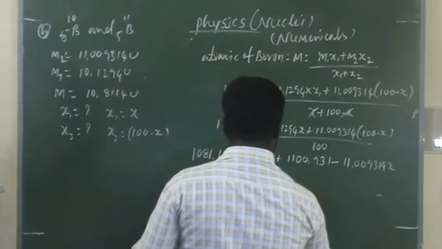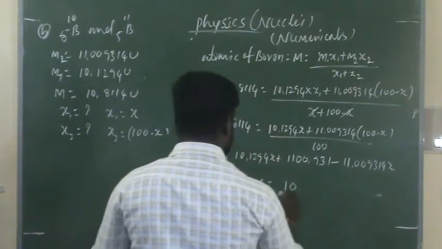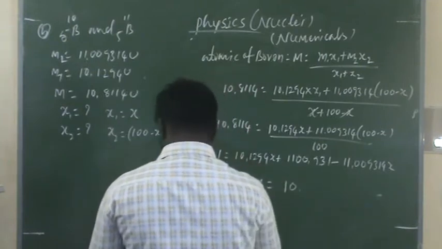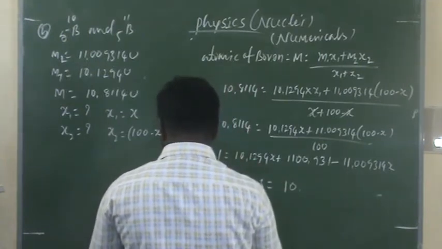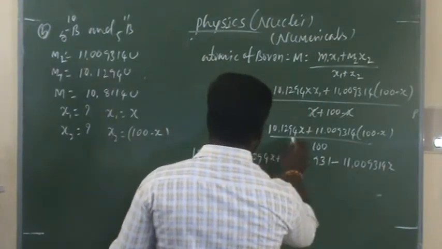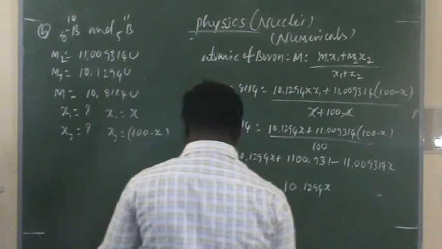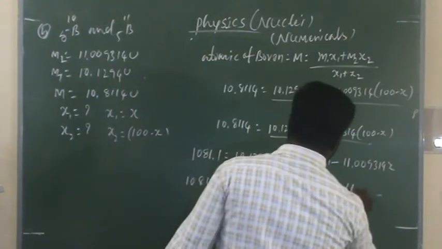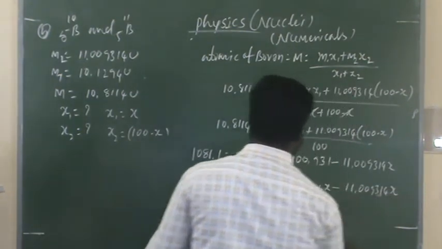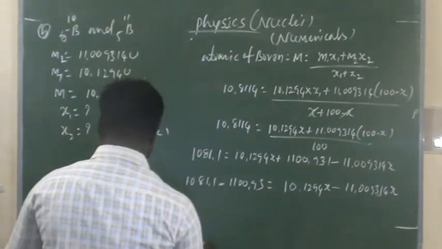10.1294x minus 11.009314x. So subtract, and what do we get here?